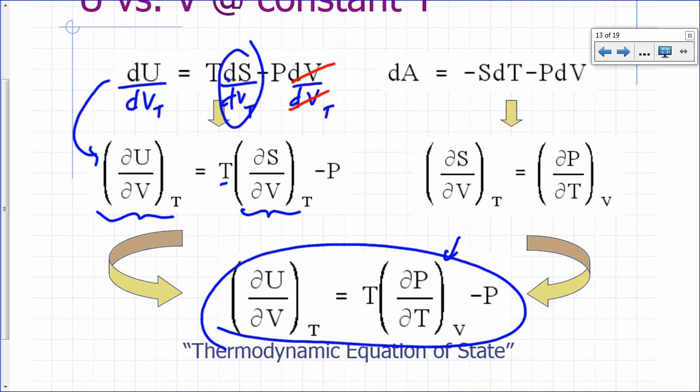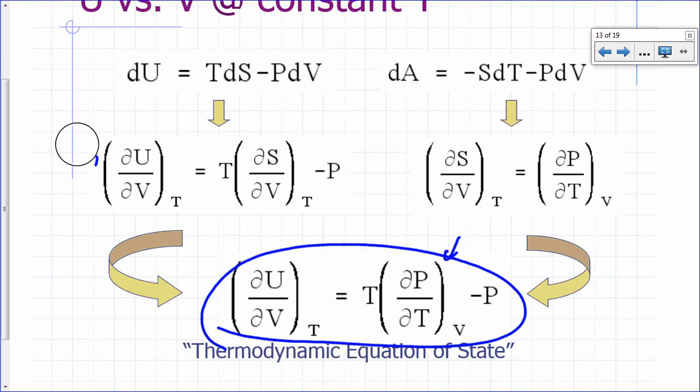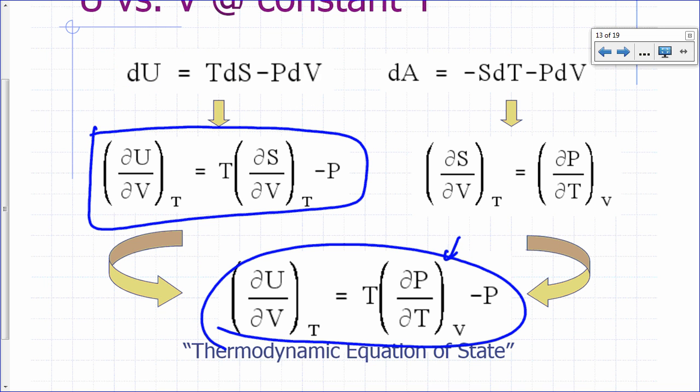It cancels out, minus P, right? So from the fundamental equation, we can get the partial of U with respect to V at constant T is T times the partial of S with respect to V at constant T minus P.